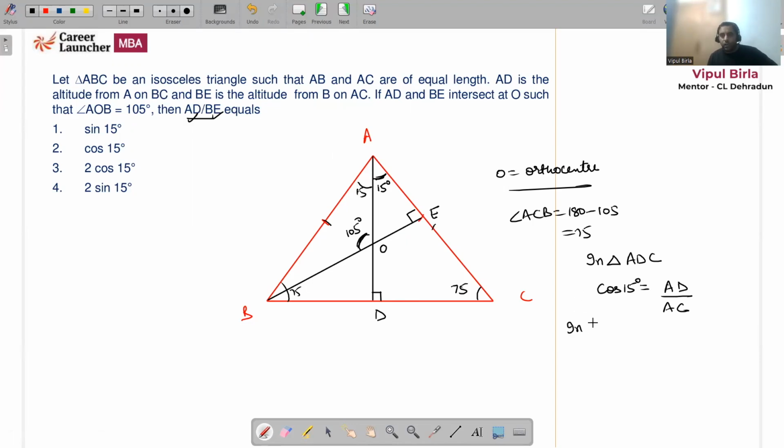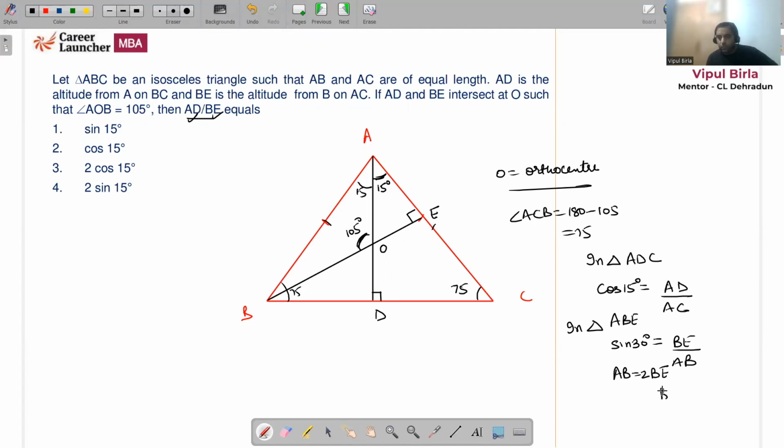So now in triangle ABE, we want BE, therefore sine 30 is equal to perpendicular upon hypotenuse, which is AB, right? And sine 30 is equal to 1 by 2. Hence we can say AB is equal to 2BE.